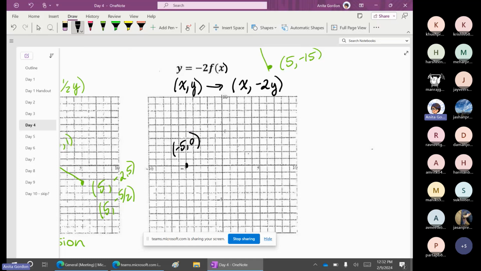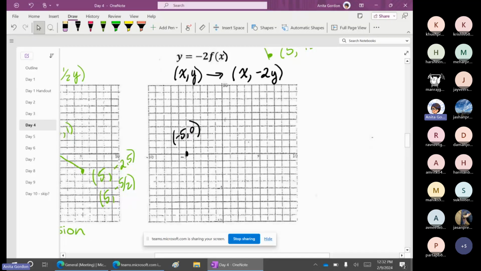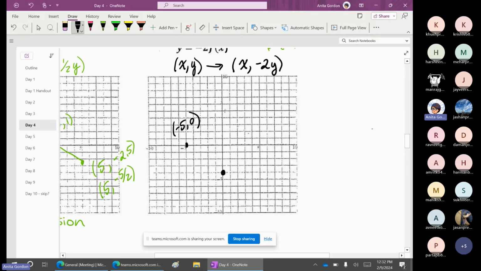Where's my second point? 0, -4. Right, it's a reflection. We're expecting a flip, so we're going from the top half to the bottom half. And my last coordinate? 5, 5, 5 or 5, 10? 5, 10. So it is twice the height and upside down.